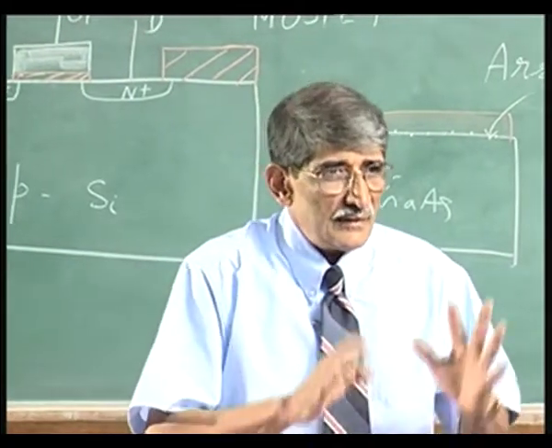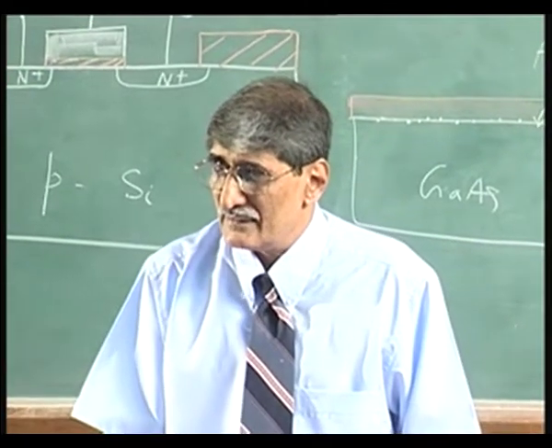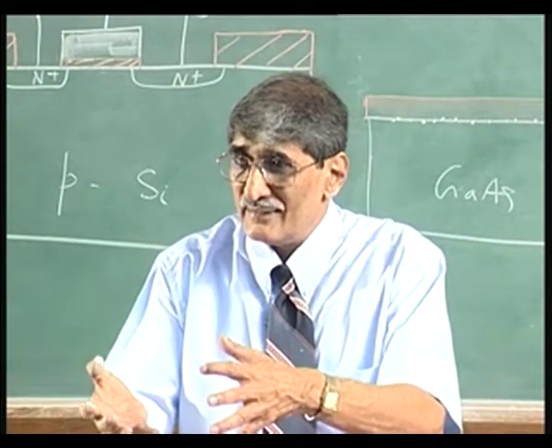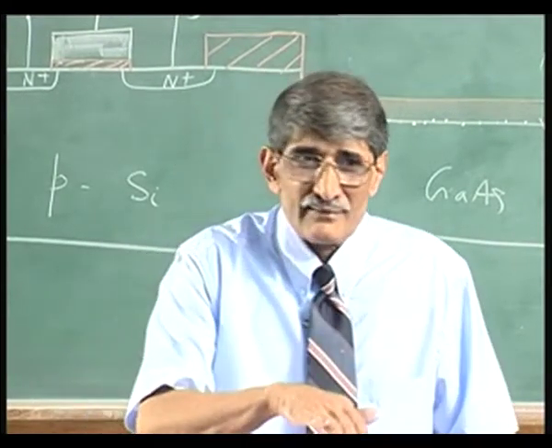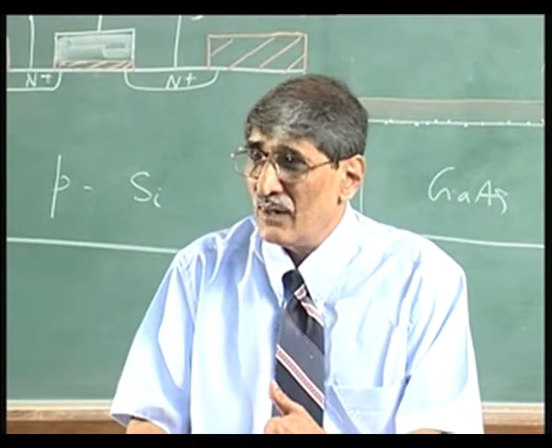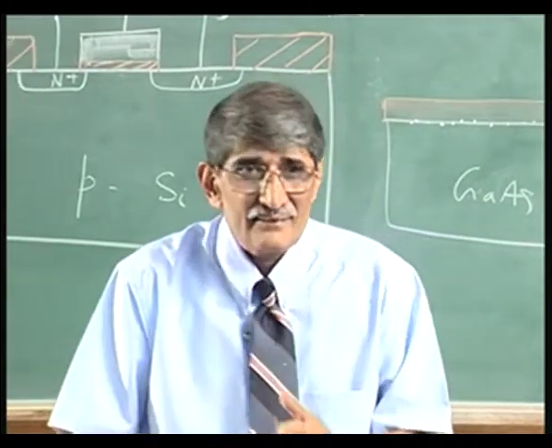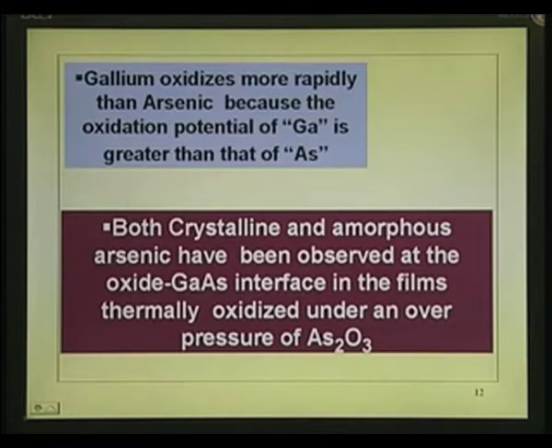Therefore, its ability to oxidize is better compared to the ability to oxidize arsenic. So, if you have gallium arsenide, and gallium oxidizes, arsenic does not oxidize, what are you left with? Arsenic. That is the arsenic that you see here, and that is the arsenic that you get at the interface. That is real bad news.